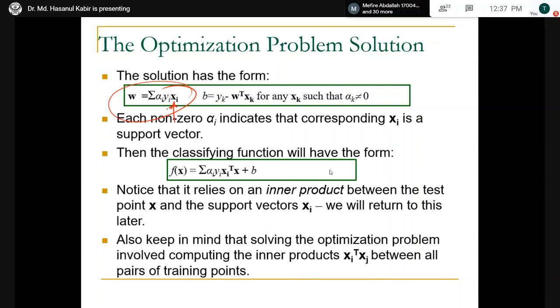But as I've said, Xi means all samples, remember, it means all samples. But what is being multiplied here? The Lagrange multiplier is multiplied, right? And we know that the Lagrange multiplier alpha i is going to be greater than or equal to 0. For which samples is it going to be 0?